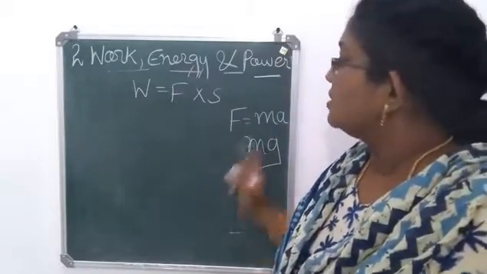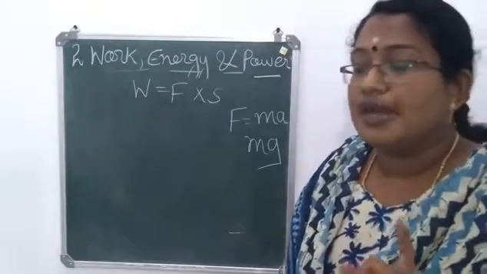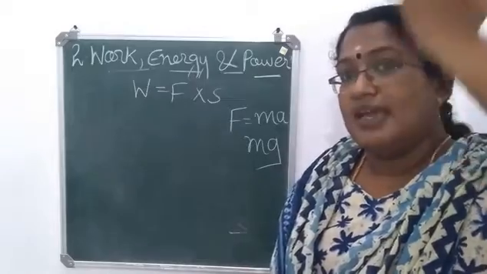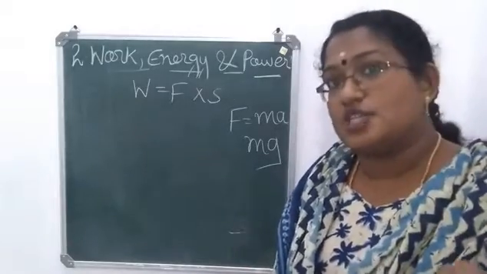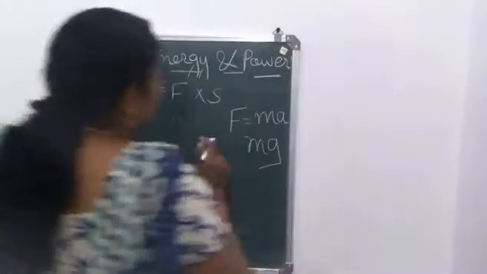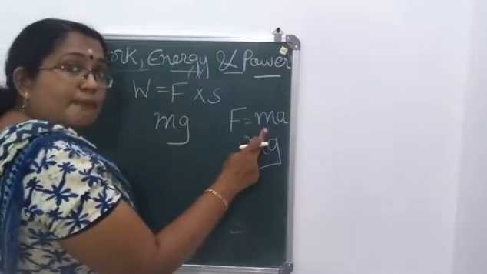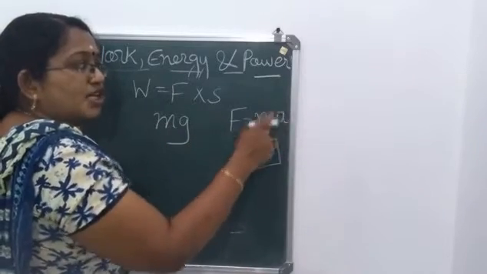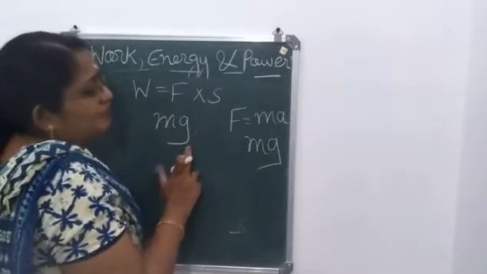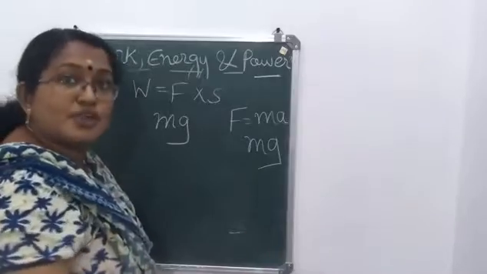Okay. So, force, we are considering vertical motion. Force due to gravity means the force the earth is exerting on the body, and it is acting in the downward direction. That is, vertical motion is coming there. So, instead of F, I will be taking mg. Force is ma. Since it is vertical motion, instead of a, I will be taking acceleration due to gravity, which is g. Now, s is the displacement. s is used for horizontal motion.